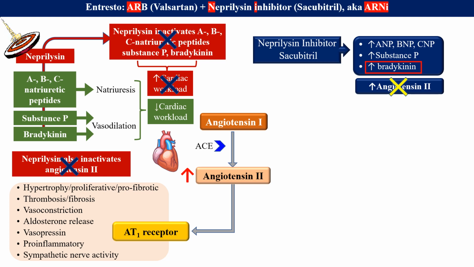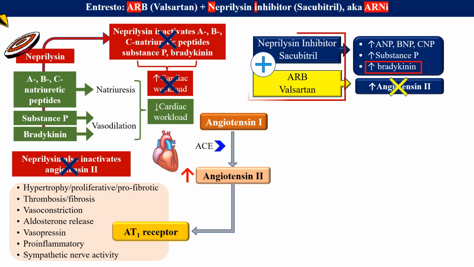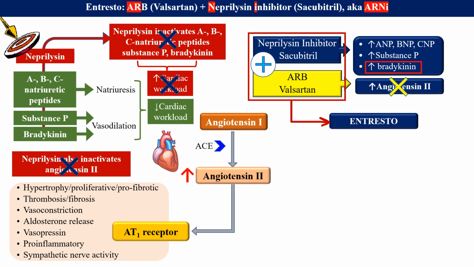It would be an ARB because an ACE inhibitor can also increase bradykinin level, thereby worsening angioedema risk. This is why valsartan was chosen instead of an ACE inhibitor to be used in combination with the neprilysin inhibitor sacubitril. The neprilysin inhibitor sacubitril and the ARB valsartan make up the combination drug Entresto.